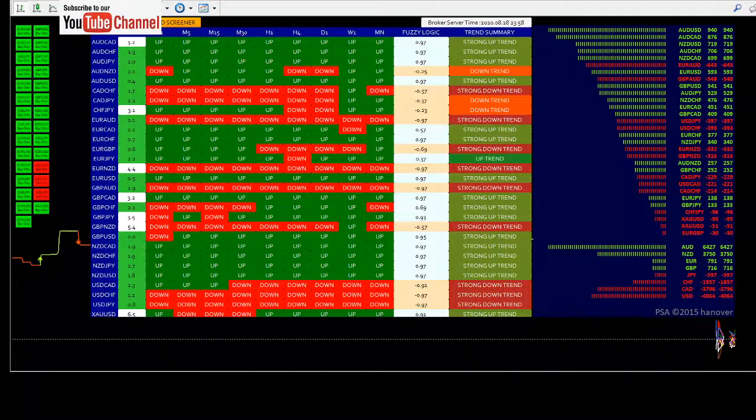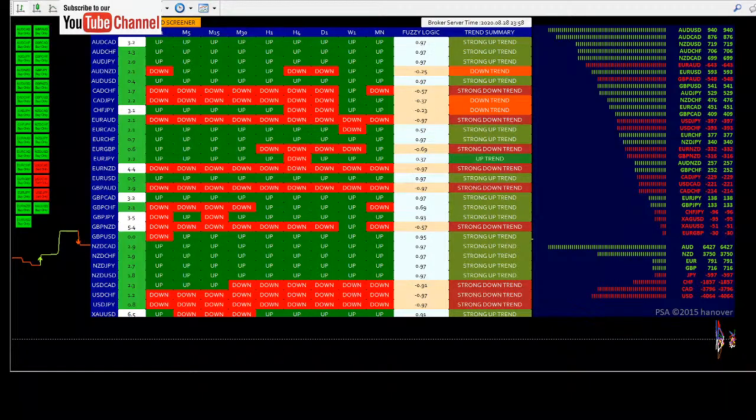I mean, we're still at daily support, but just because we're at support doesn't mean that we're gonna go up. It can still continue down even if we're at support on daily. I'll just have to wait and see.